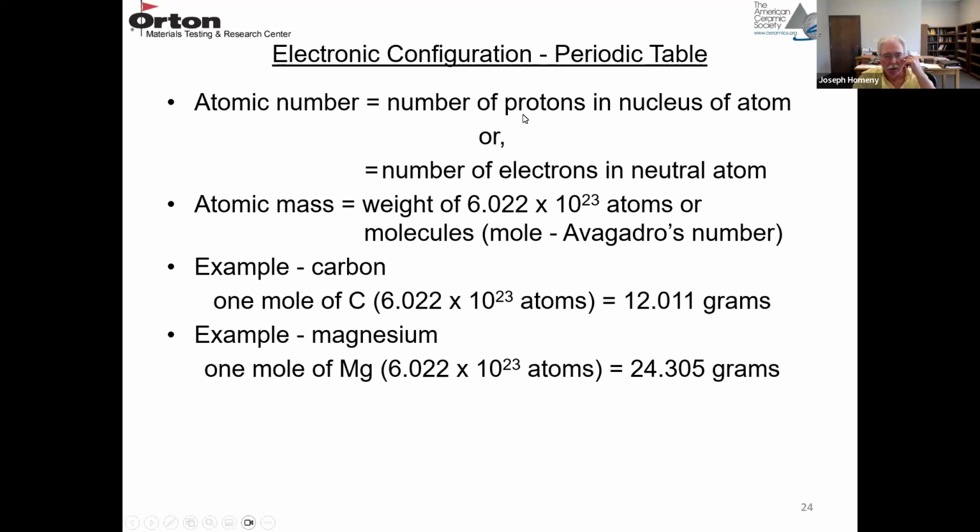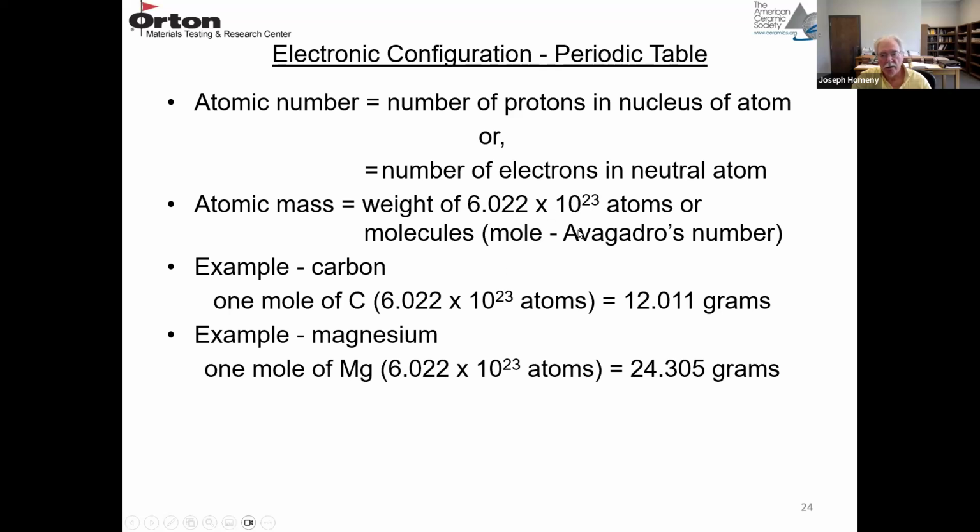So the atomic number is simply the number of protons in the nucleus of an atom, or it's the number of electrons if the atom is neutral. If it's neutral, the number of protons equals the number of electrons. So the atomic mass that's shown on the periodic table is actually the weight of 6.022 times 10 to the 23 atoms, or if you have a molecule, it's the weight of the molecule.